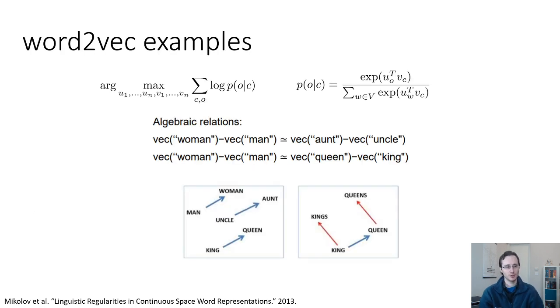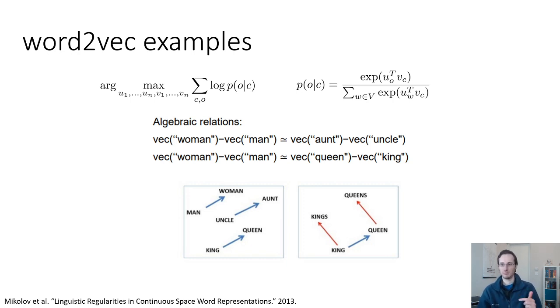Okay, now if we train this kind of word2vec embedding, there are a few good things that it will do. Of course, it will put similar words close together, but in practice, it also sometimes gives us interesting kind of algebraic relationships. Since words are now embedded in Euclidean space, you could, for example, take the representation for the word woman and subtract the representation for the word man.